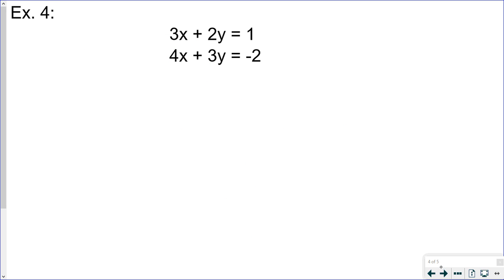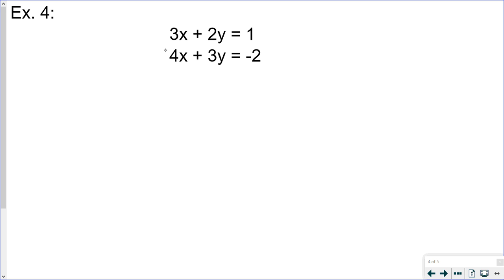All right. So what can I do here to be able to cancel out either the x or the y? Well, I can't just multiply one of the equations by something to cancel something out. So I'm going to have to multiply both of these equations. And so what I'm going to do, let's cancel out the x's. All right.